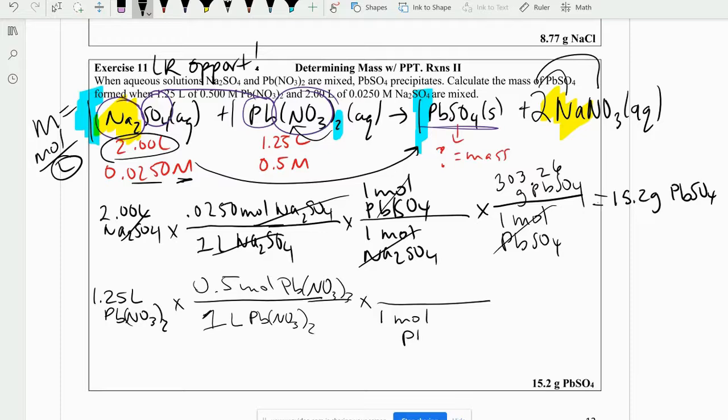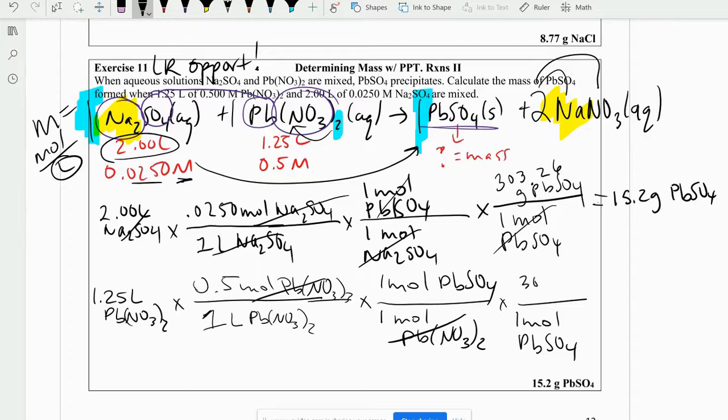And so down here, you want to make sure your units align, let the units guide you, as to 1 mole of lead sulfate. Cancel your moles of lead nitrate. Now, last thing, how do we go from moles of the product to grams? Yes, you're going to use molar mass again. We already determined what it was in the first step. It was 303.26 grams.